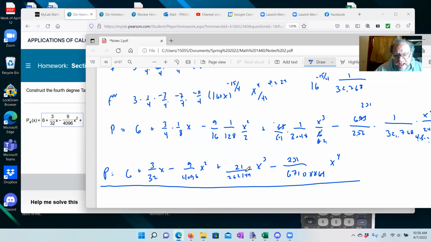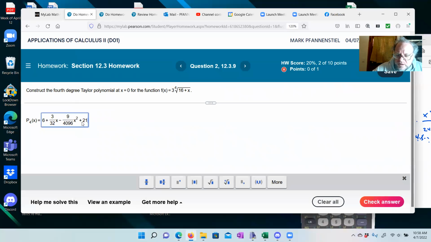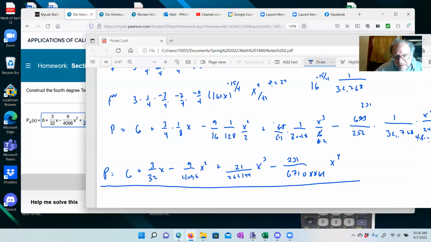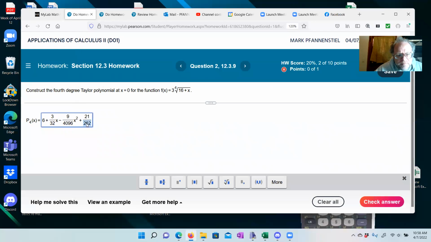Let's see here. We have 21 over, and I know it's 262 something. Just 144. Okay, we have x cubed.